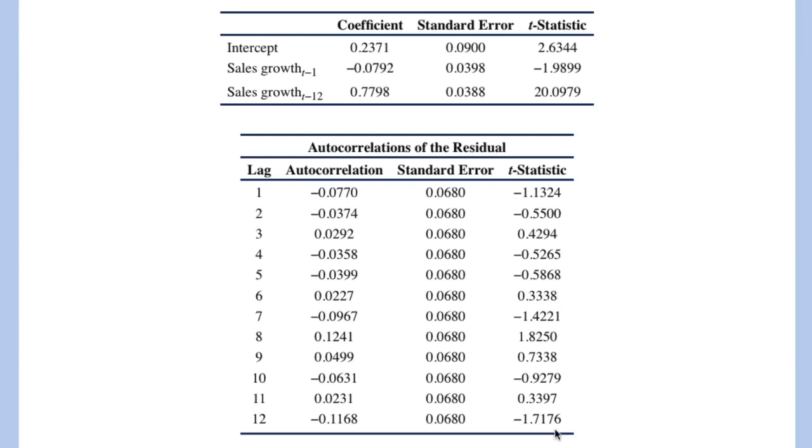A lot of them went away, including the 12th lag. So sometimes, if we look and we find serial correlation and a seasonal lag, adding a variable for that seasonal lag may clear it all up. Now in this case, it did. We don't have to go to an AR2 model. We have a well-specified model at this point.